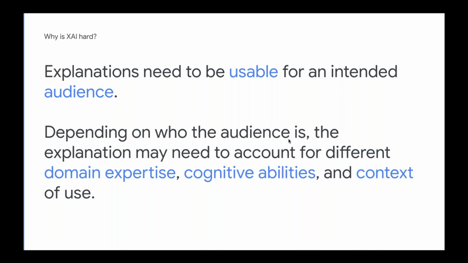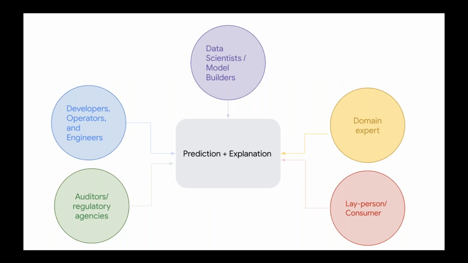And depending on who that audience is, you might have to account for a lot of different things. You might have to account for different domain expertise or cognitive abilities, and even just the context of use. So again, I'd like you to imagine a digital pathology scenario. Imagine you have pathologists who are making use of a machine learning application to help with making diagnoses and coming up with treatment plans for their patients.